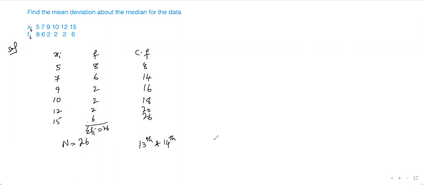Both of these observations lie in the cumulative frequency 14, for the corresponding observation 7. So the median will be 7 plus 7 by 2, which is 7.